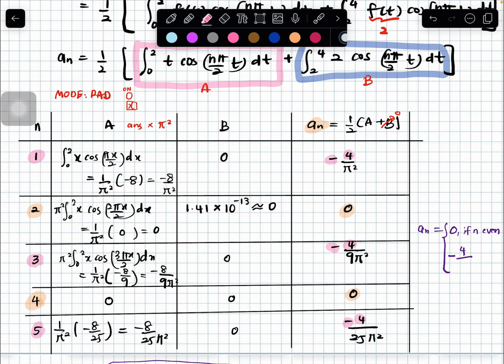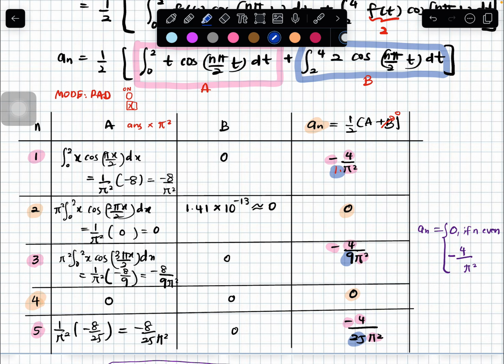And all odd values have pi square on the numerator part. But the difference only appears here: 9, 25. And since there is no value, that means this is 1, right?